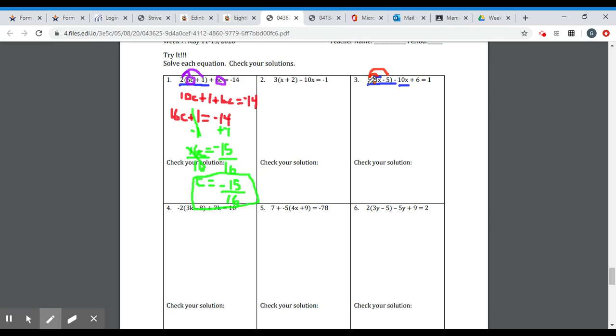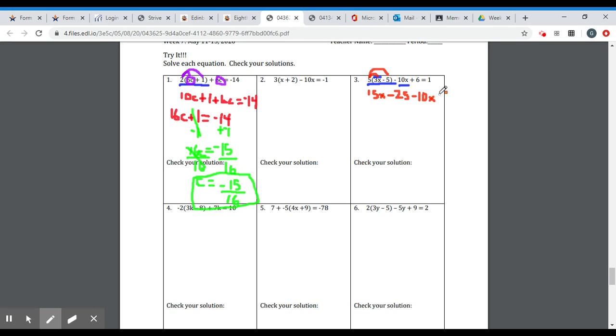So 5 times 3 is 15x. 5 times negative 5, well, they're opposites, so 5 times 5 is 25, and because they are opposite, my answer is going to be negative. So I'm going to put the minus. And then I have minus 10x.